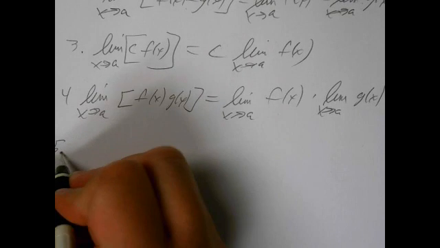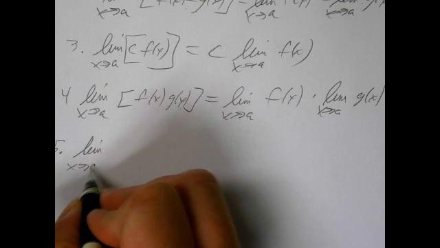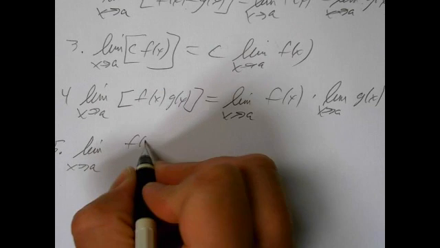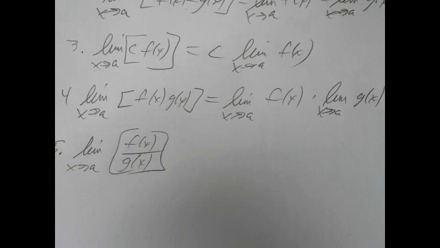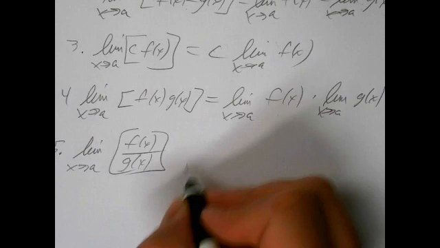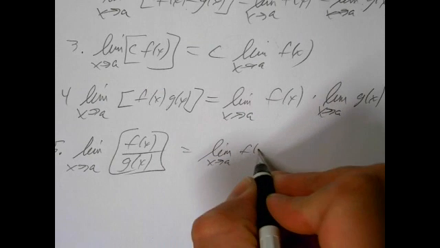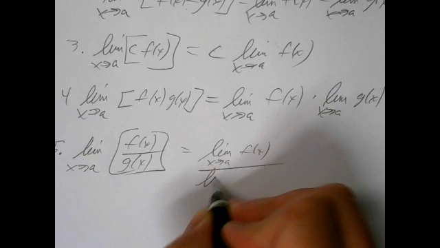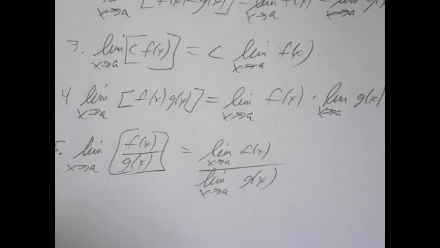And last one for a minute. The limit as x approaches a of f of x over g of x is the limit as x approaches a of f of x over the limit as x approaches a of g of x.